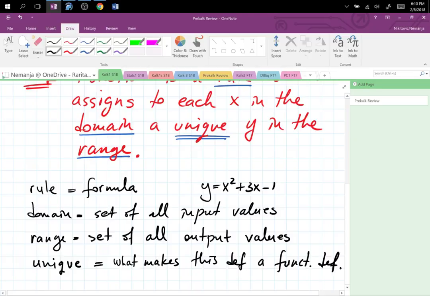And if you take the word unique out of this definition, it is no longer a definition for a function, but a definition for mathematical relation. So it is the word unique which makes this the definition of a function.